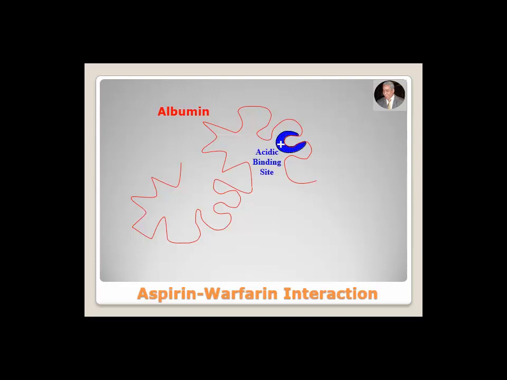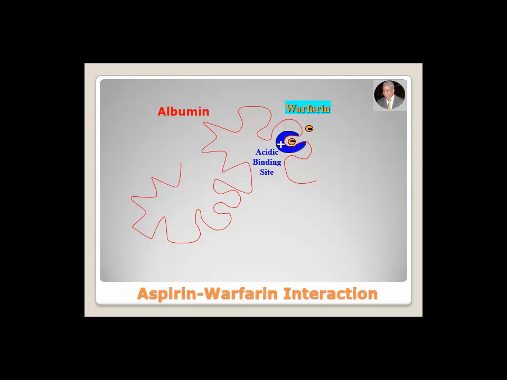The basic amino acids are capable of binding acidic drugs, so they are called acidic binding sites. Warfarin is one of the famous acidic drugs, that is 99.9% bound to albumin.